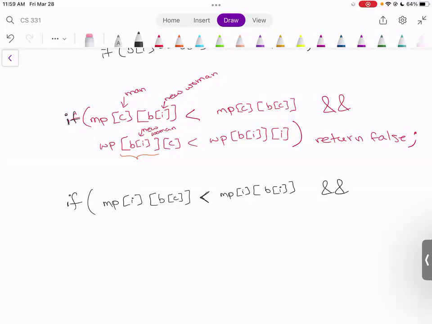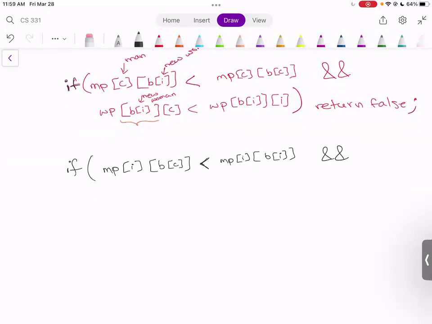And we have two conditions here, and it has to be reciprocated. And the current woman wants the new man over her current partner.